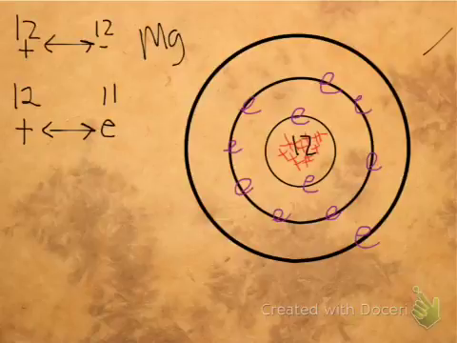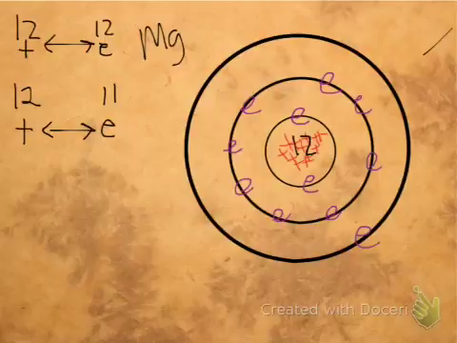It's a 12 on 12 tug of war. 12 positive charges exerting a force on 12 negative charges. Well, now we have 12 positive charges exerting a force on 11 negative charges. That's not a fair fight. So removing that second electron, even though magnesium would be more stable with it removed, it still requires a little bit more energy. So the subsequent ionization energies tend to increase.